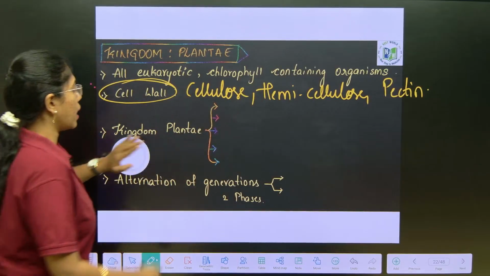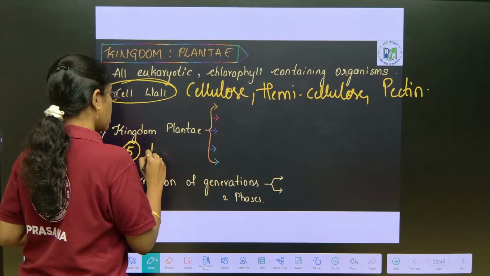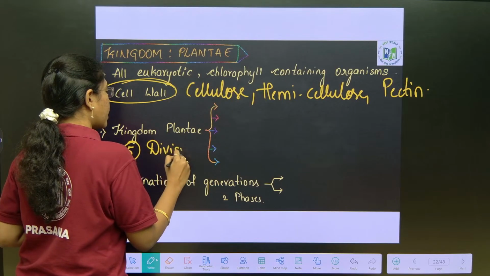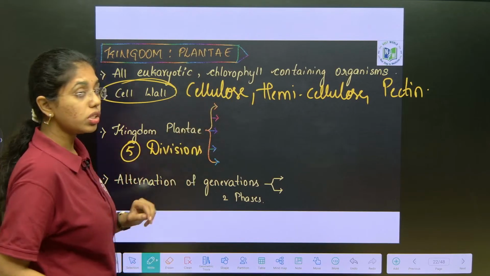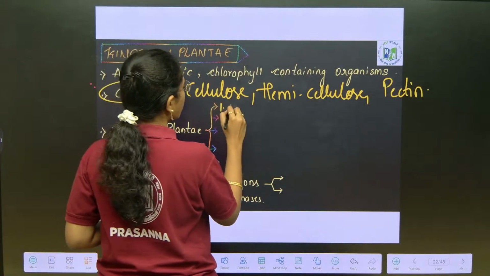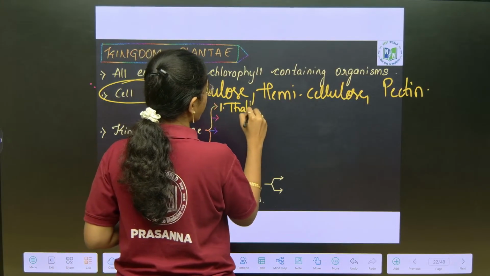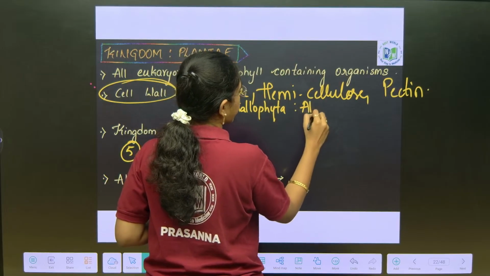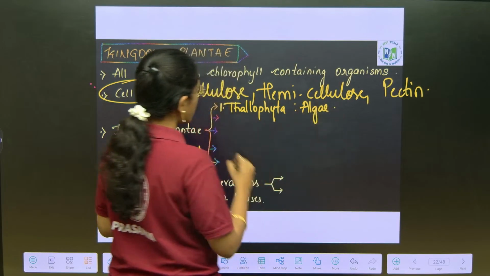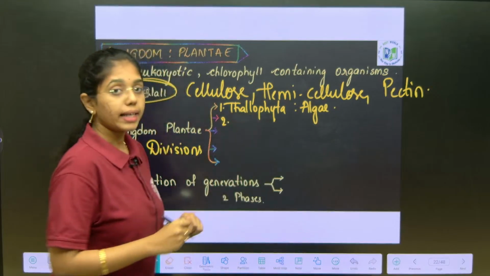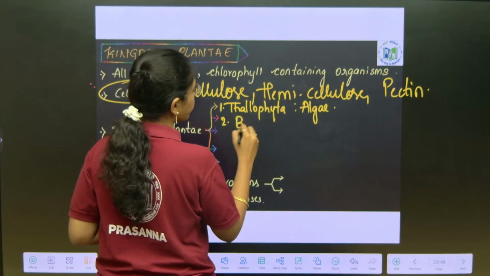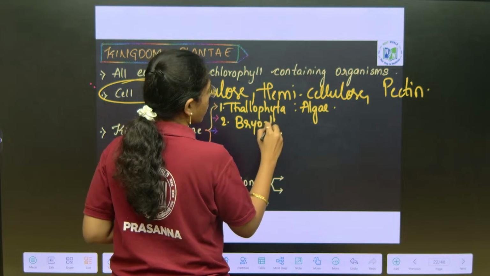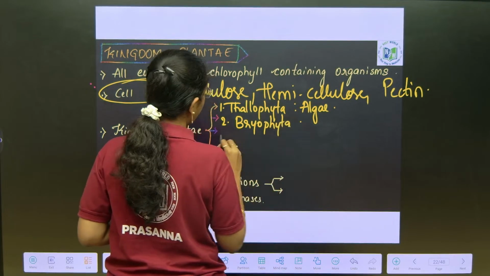Kingdom Plantae has 5 divisions. Kingdom Plantae is classified into 5 divisions. First is Thallophyta, which includes what, ma? Algae. Next is Bryophyta, which are the amphibians of the plant kingdom.